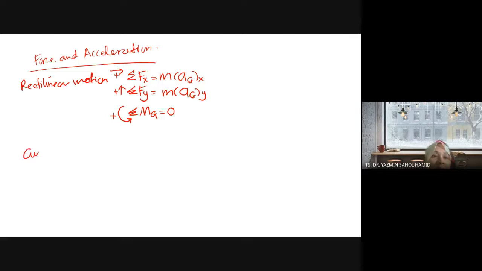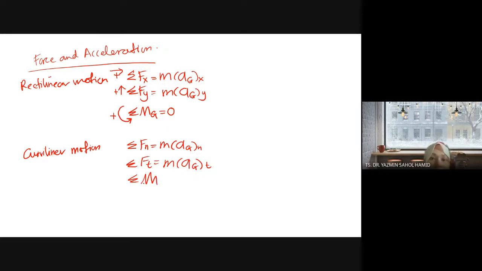Kalau curvilinear motion dah boleh agak tak? Kalau curvilinear motion, kita akan buat summation Fn equals to m a_G n, summation Ft equals to m a_G t, and then summation moment M_G equals to 0.